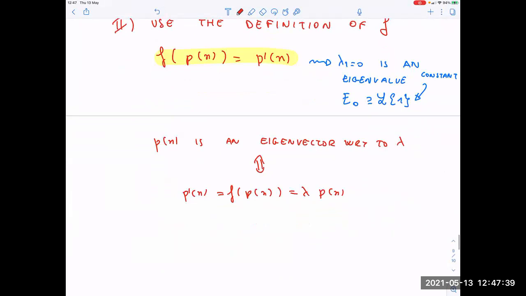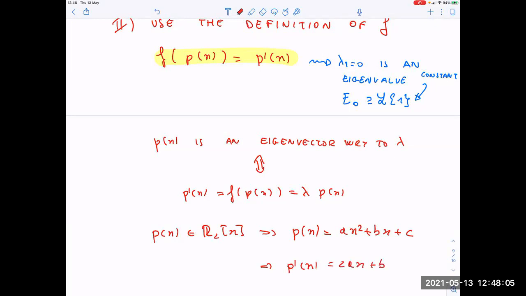So we are looking for polynomials such that their first derivative is proportional to the polynomial itself. So p of x is a polynomial in x of degree at most 2, so it can be written as ax squared plus bx plus c. And so p prime of x is just 2ax plus b.